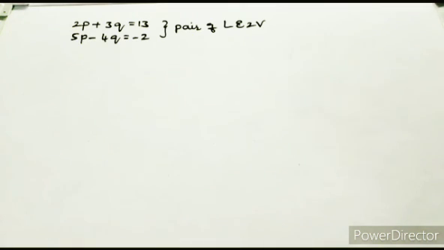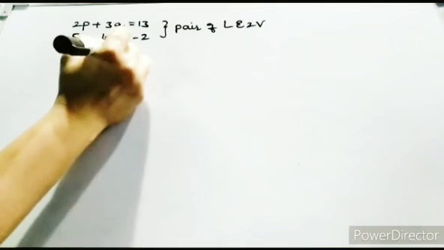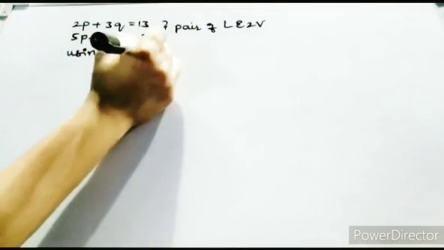Now you can use any of the methods. There are three methods for getting the solution of a pair of linear equations in two variables: substitution, elimination and cross multiplication. But we are using the elimination method here, because I feel the elimination method is the easiest way of finding the solution of a pair of linear equations in two variables.